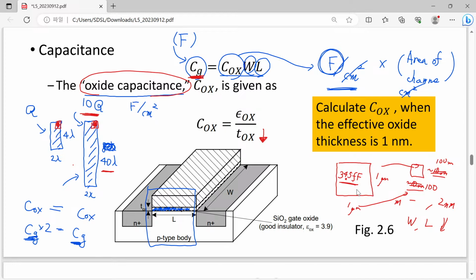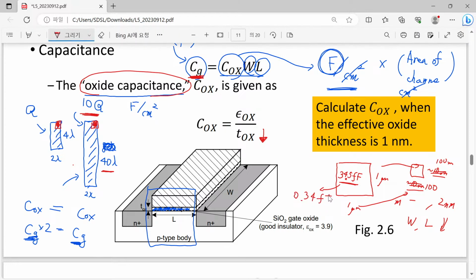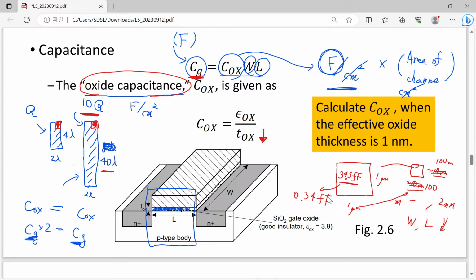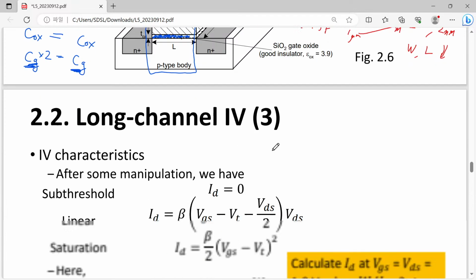Compared with 1 micrometer by 1 micrometer, your gate capacitance will be 100 times smaller, so you will have more or less 3.4 femtofarad as the gate capacitance. So that is a farad itself. Since our transistors are so small, the related capacitance itself is extremely small these days.